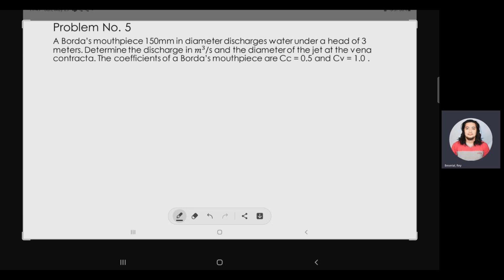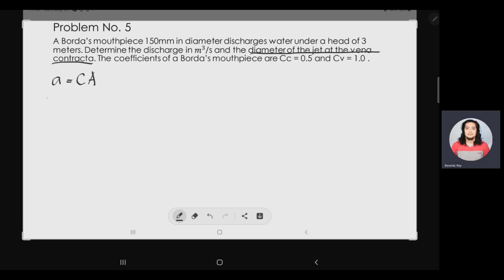So for this, we will determine the diameter doon sa ating vena contracta. So ang ating formula dyan is yung ating area sa ating vena contracta is equal dun sa ating coefficient of discharge times the area dun sa ating mouthpiece.